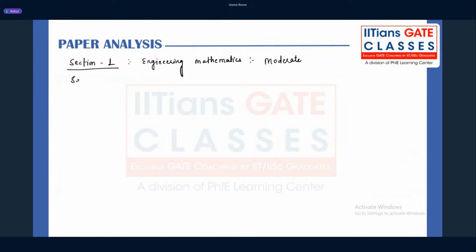Again, you can see section 2. Section 2 basically is nothing but applied mechanics and design. We'll discuss some of the questions also, to see what the levels of those questions are in the respective sections.